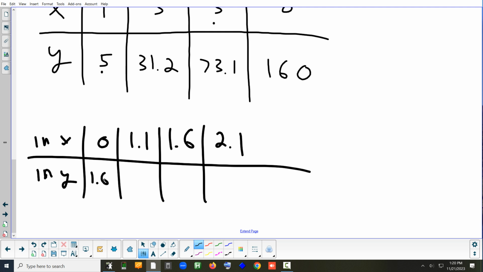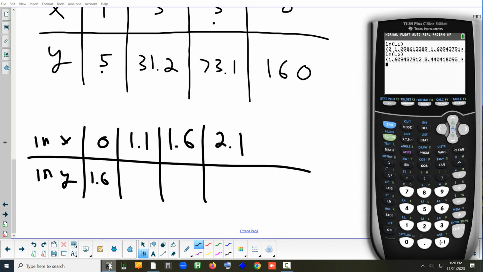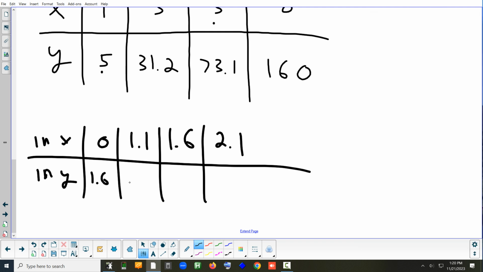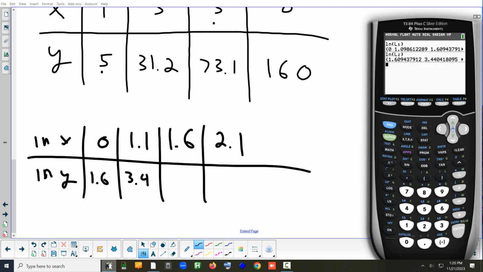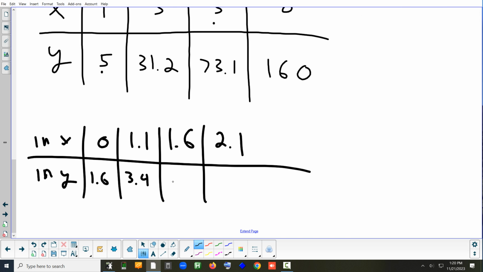So 1.6, 3.4, and if you scroll to the right, does anybody have the last two? 4.3, and the last one? 5.1. I don't really care about more than one decimal place because I'm graphing these by hand now. I can't graph more accurately by hand than the tenth.